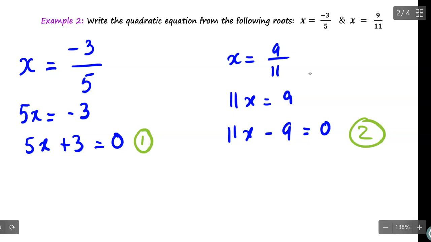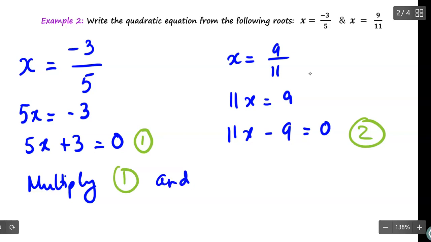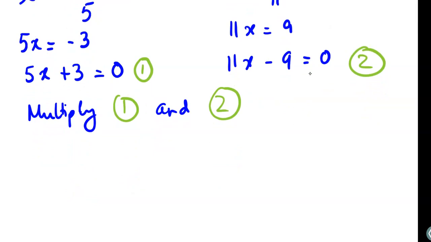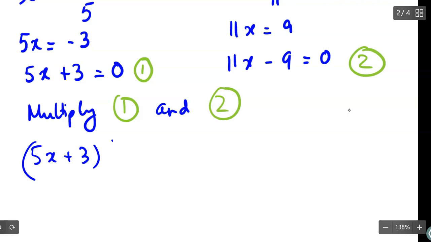Now I'm going to multiply equation 1 with equation 2: left hand side with left hand side, right hand side with right hand side. So 5x plus 3 multiplied with 11x subtract 9, and on the other side 0 times 0 is equal to 0.